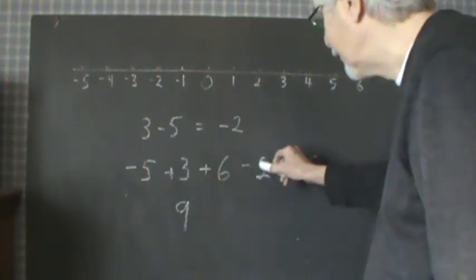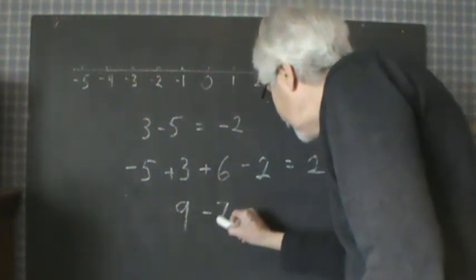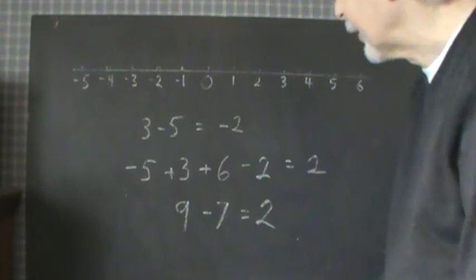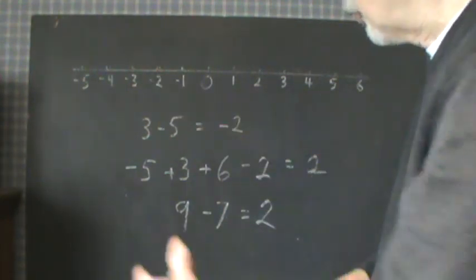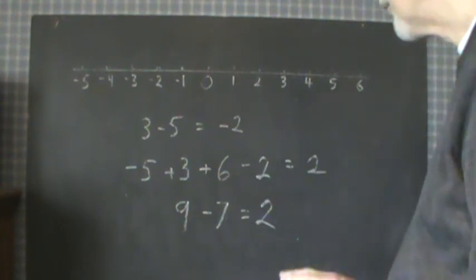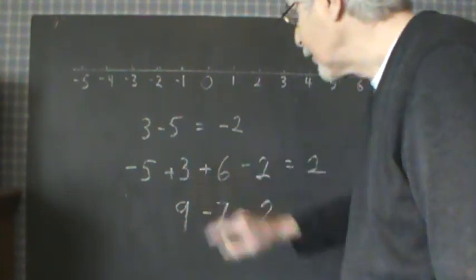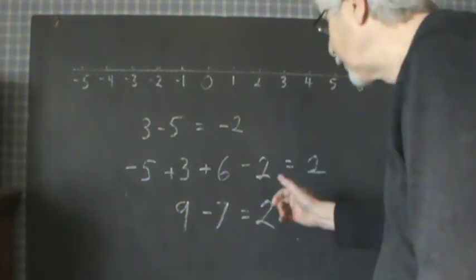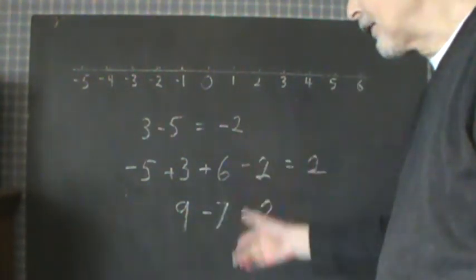You lost 5 and you lost 2. You're still going to come up with the right answer. So although teachers are going to tell you always have to work from left to right, you don't. Because if you treat it as a game with single signs, the pluses are wins, the minuses are losses, we end up with 2.